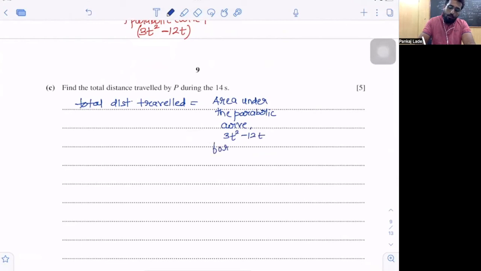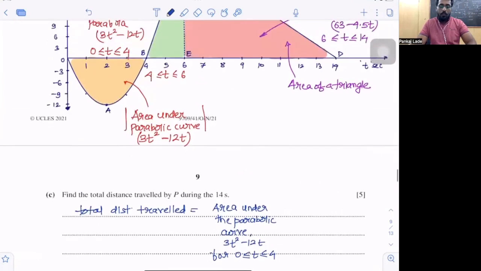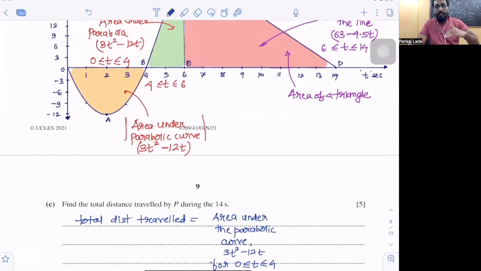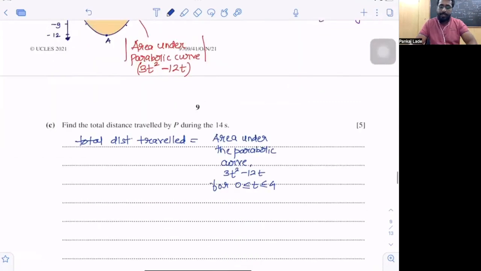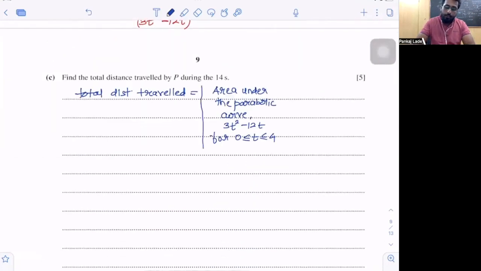For t lying from 0 to 4, because it was below the x-axis, the t-axis over here, right? So this is going to be a negative answer. So I'm going to keep this in a modulus sign. Let's keep it in the modulus sign. So the answer will become positive.